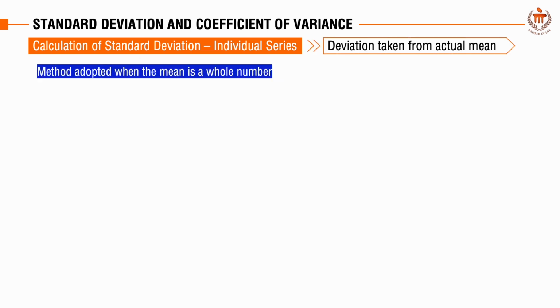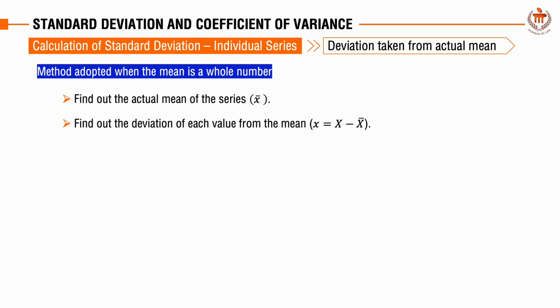Now, discussing a numerical of a scenario when we are calculating standard deviation from the deviation from the actual mean, where the method is adopted when the mean is a whole number. Consider a case where the arithmetic mean, based on calculation, is a whole number. Let's do a numerical. First we find the actual mean of the series.